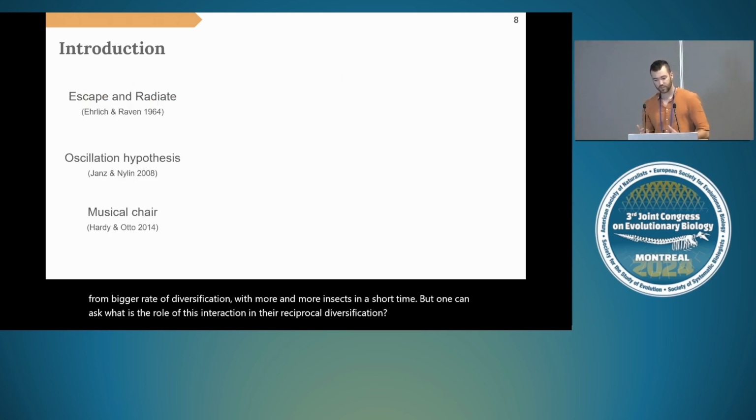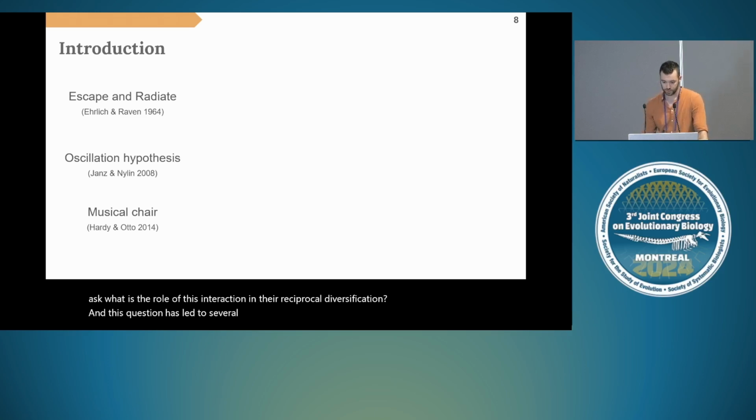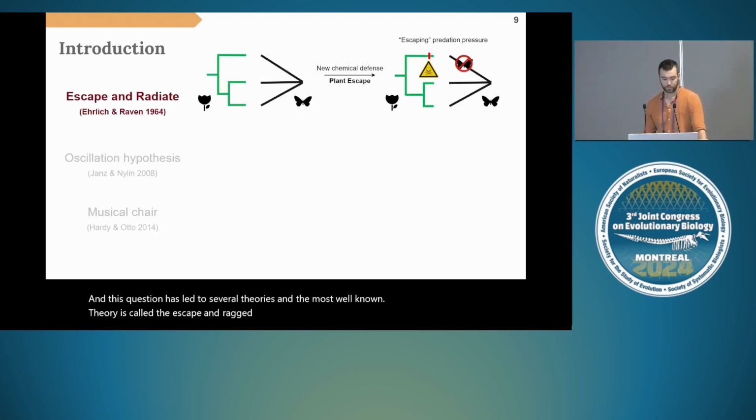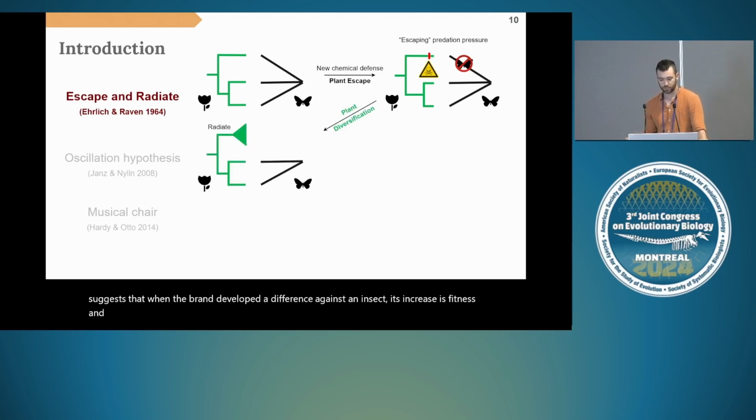This question has led to several theories, and the most well-known theory is called the escape and radiate hypothesis. Proposed in 1964, this hypothesis suggests that when a plant develops a defense against an insect, it increases its fitness, and then with time leads to the plant's diversification.